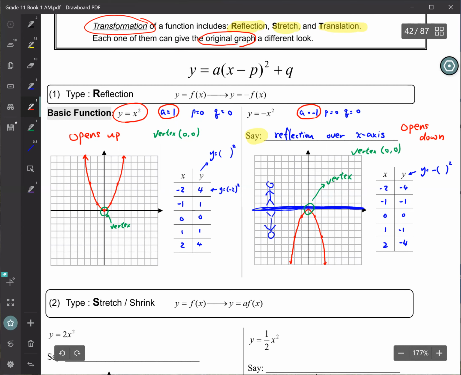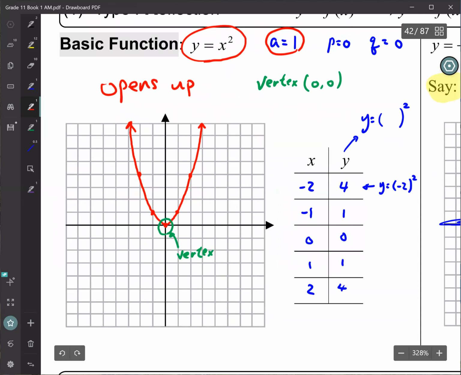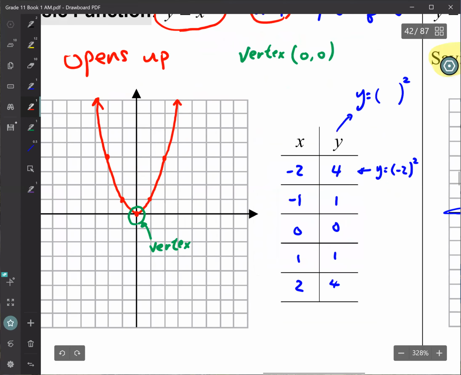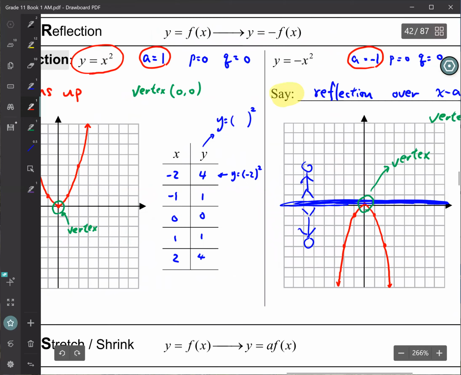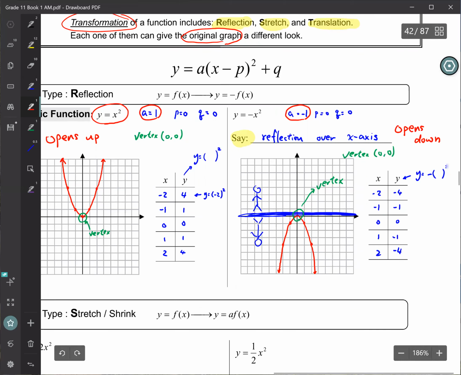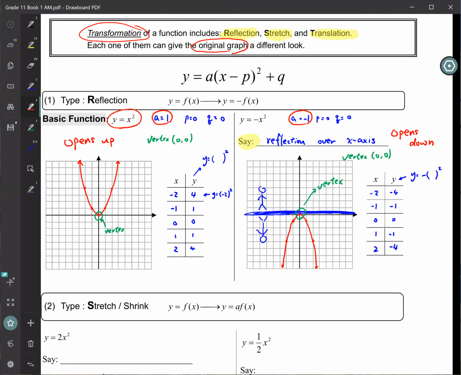Open means like the two lines, it's like a mouth, or it goes wider and wider, gets bigger and bigger, so it opens up to the higher direction, and the other one opens downwards. Should be pretty straightforward there.